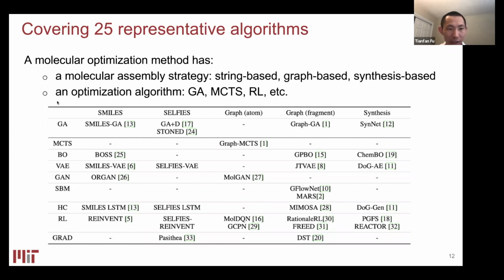Another aspect is the methodology level. An optimization algorithm can be categorized based on the method it uses.